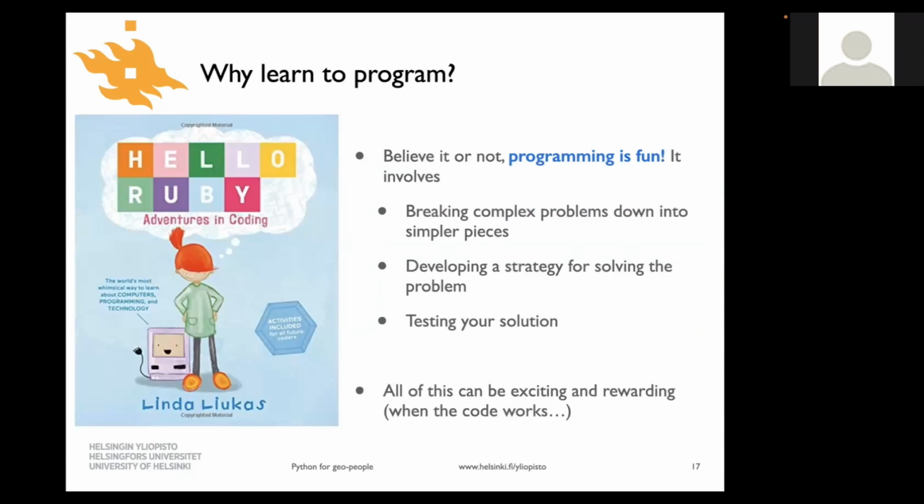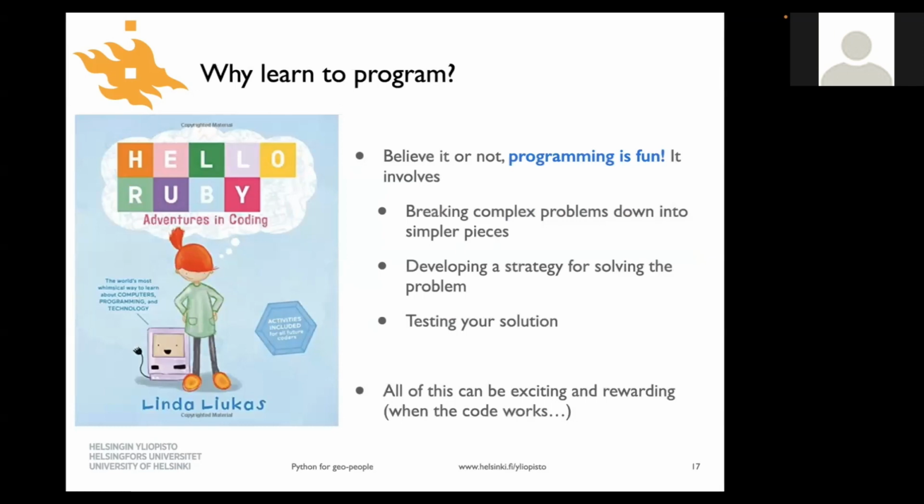Another reason that it might be appealing to learn to program is that it is actually kind of fun. I think for a lot of people who come to university, you excelled at certain things in high school, like dealing with complex problems.